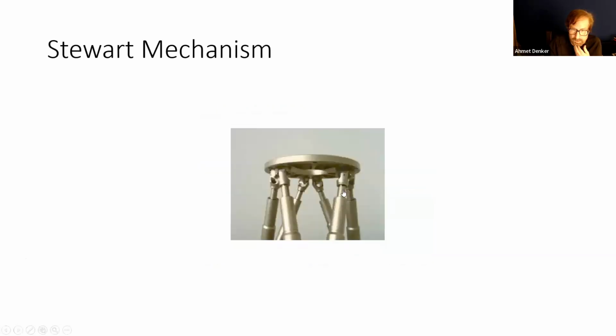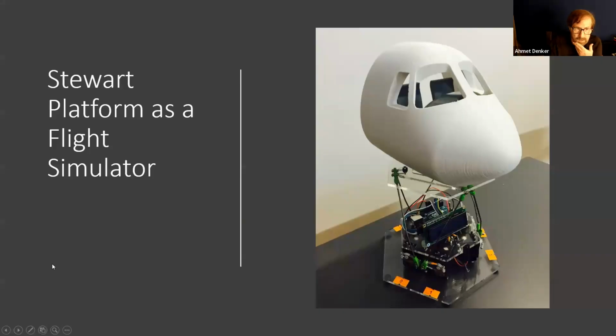You can look at it closer here. There are revolute joints and there are prismatic joints. Now, our students in the past made a Stewart platform and made a miniature flight simulator.